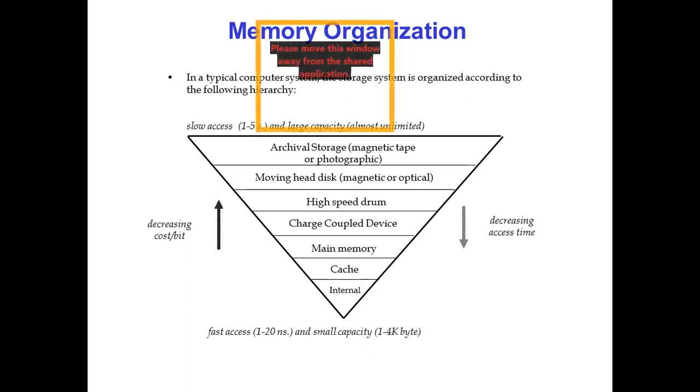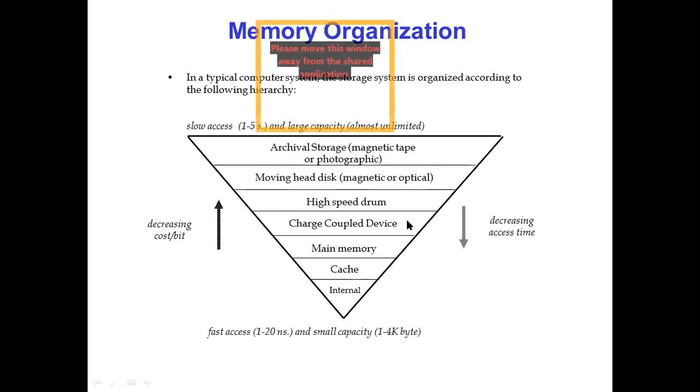After this, you can see the cache memory, the internal memory, and charge coupled devices. The other devices used for memory are high speed drum, moving head disk, magnetic or optical. Then archival storage, magnetic tape or photographic.